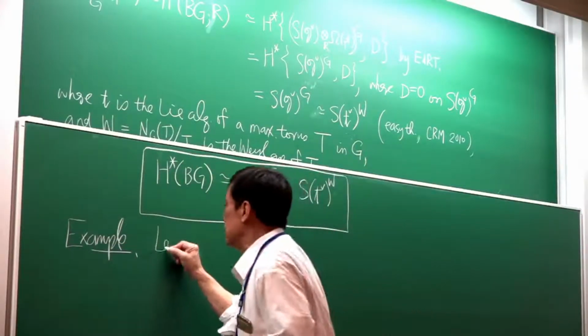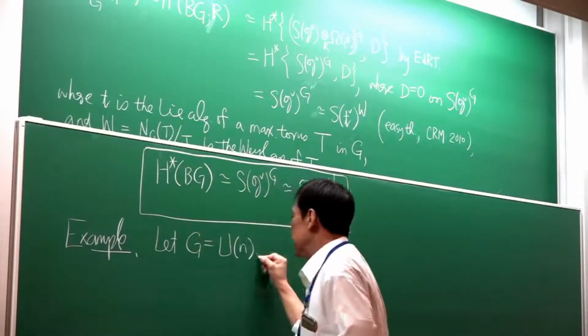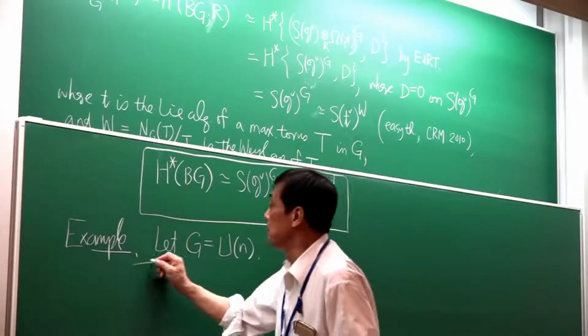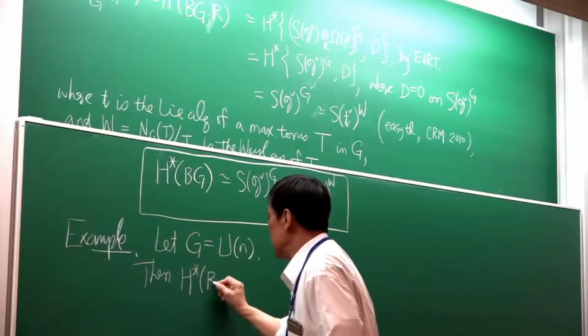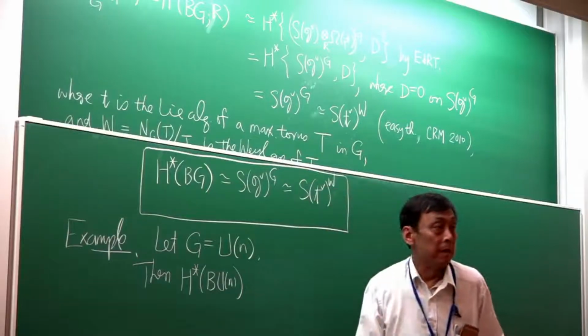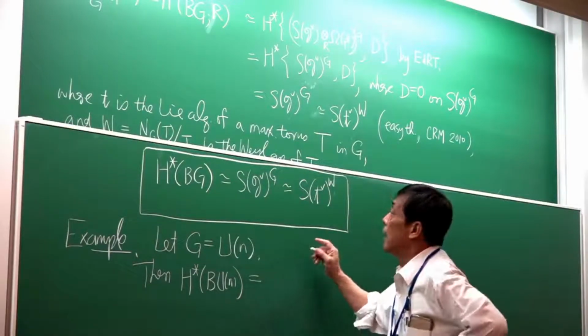So let's take G to be the unitary group U(n). Then the cohomology of BU(n), the classifying space of the unitary group.